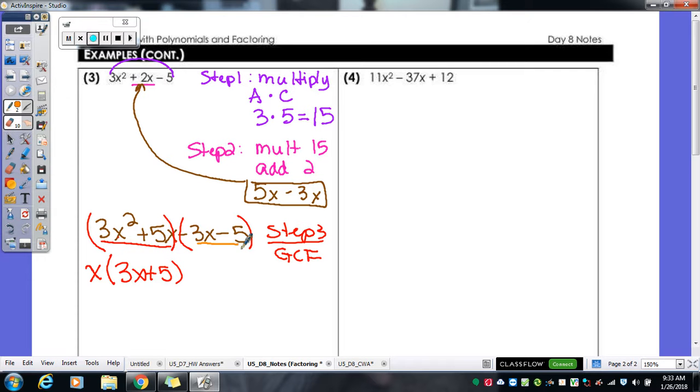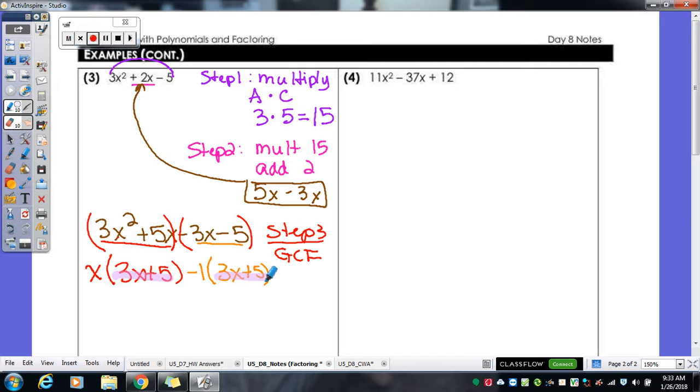What's my GCF in my second parenthesis? -1. Remember, we always take that negative out if our first term's negative. So that turns this to be also 3x plus 5. So you see how these parentheses match? That means we've done it correctly.